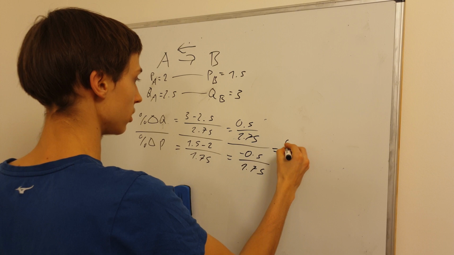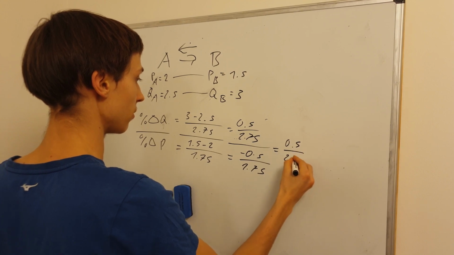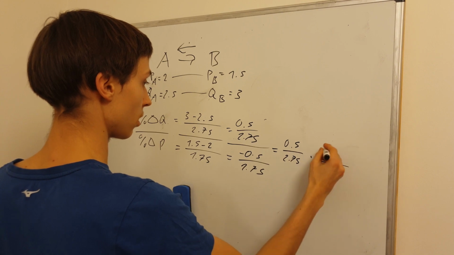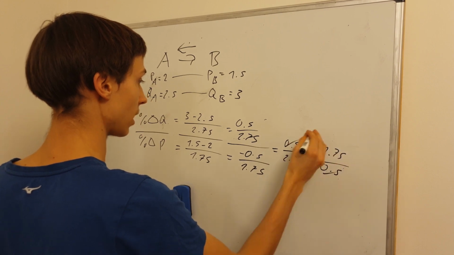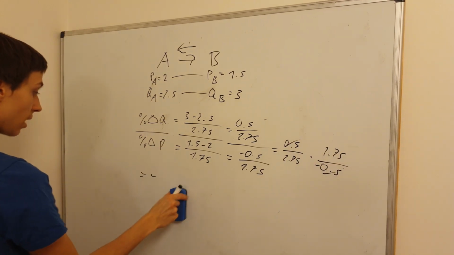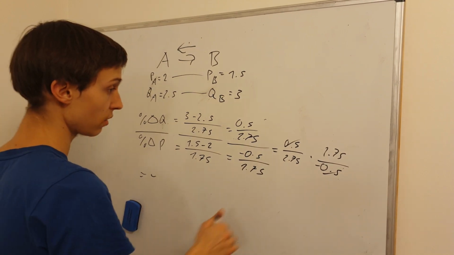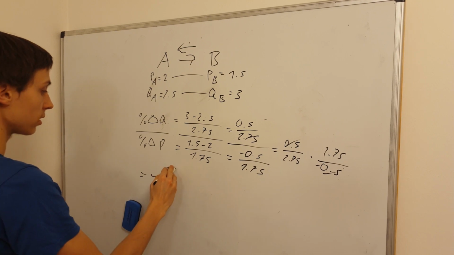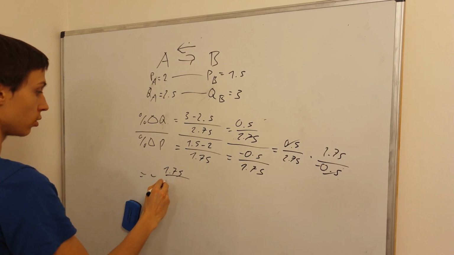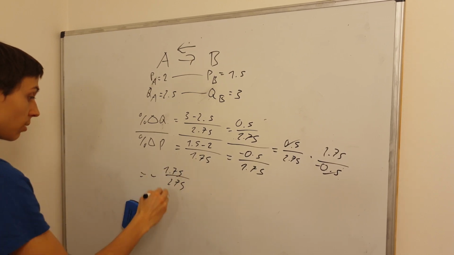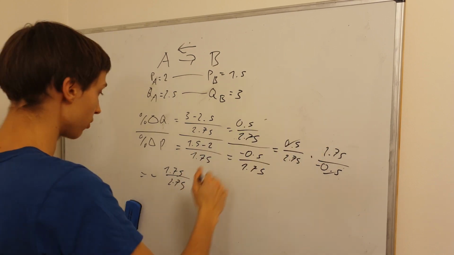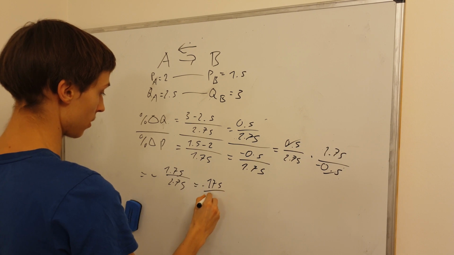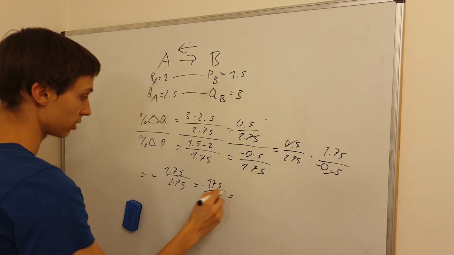Well, 0.5 over 2.75 times, switch this fraction, 1.75 over 0.5. This cancels out. We take the minus out because the minus is in the denominator, a minus 1 multiplication we can take out. And then we end up with 175 over 275. Indeed, we can multiply both by 100, scale it up. So we have this, and let's just simplify this.